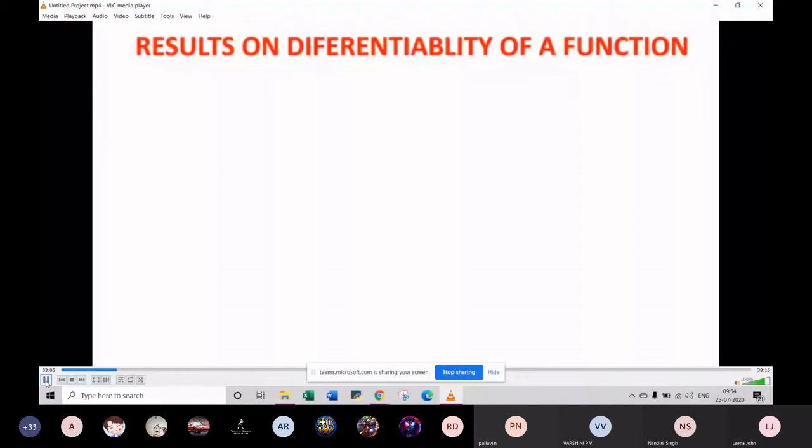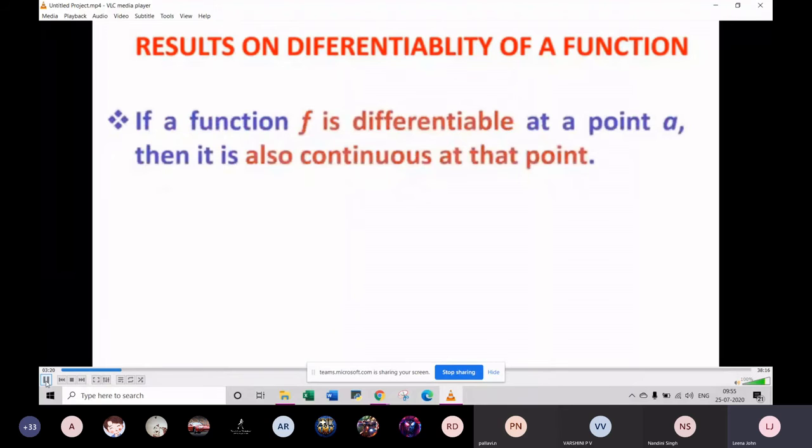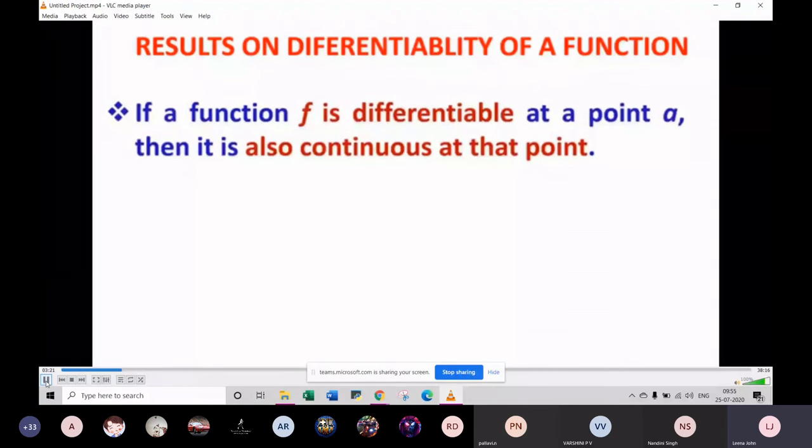Next one. Some results on differentiability of a function you have to learn now. You have seen what the continuity of a function is, and ultimately you have to find out whether there is any relation between continuity and differentiability.